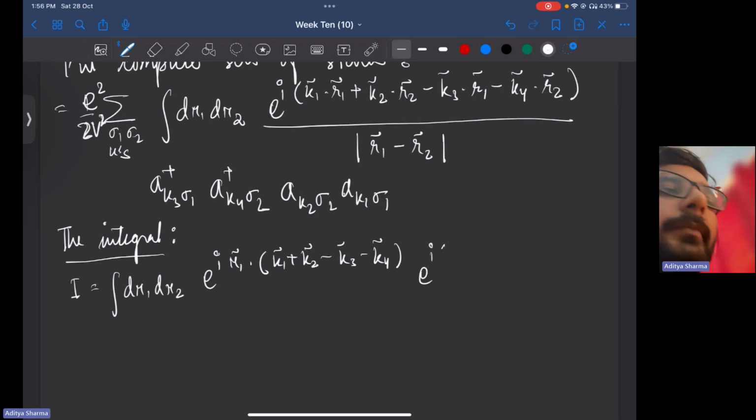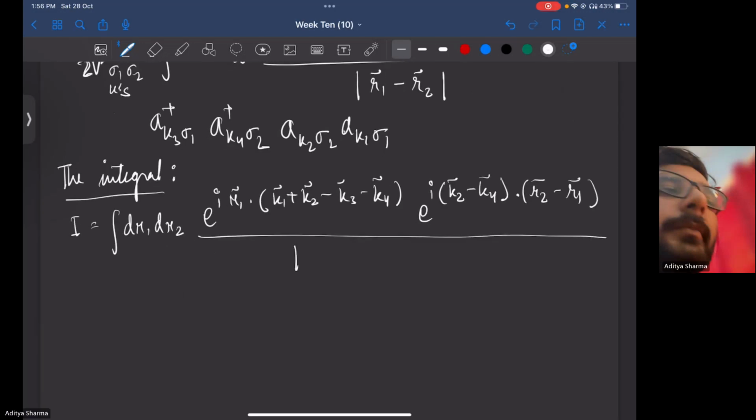And there is a term like this, K2 minus K4 dot R2 minus R1, divided by mod R2 minus R1.